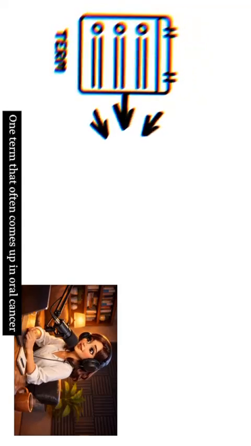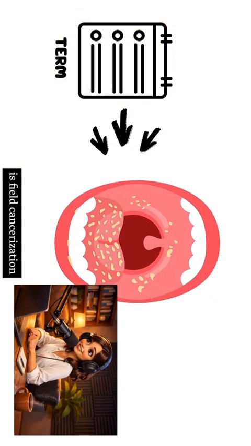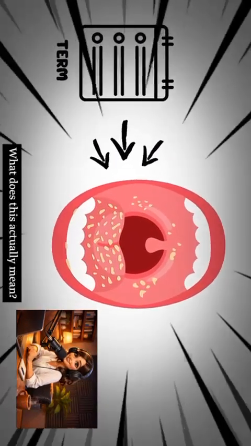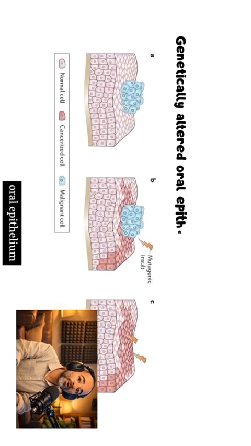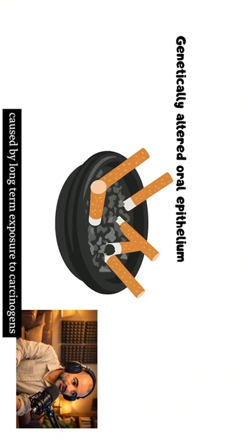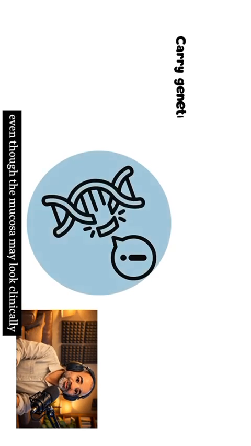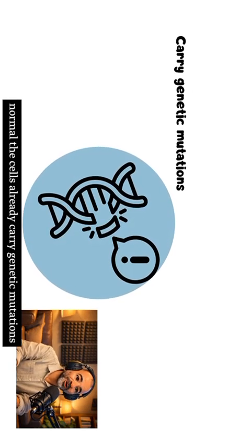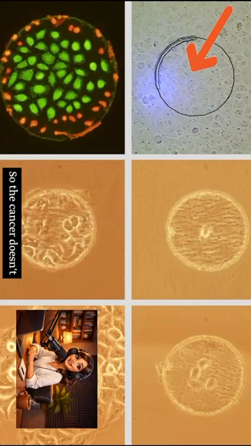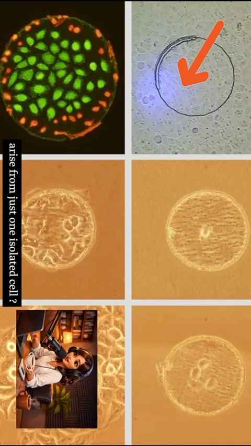One term that often comes up in oral cancer is field cancerization. What does this actually mean? Field cancerization refers to the presence of a wide area of genetically altered oral epithelium caused by long-term exposure to carcinogens like tobacco or alcohol. Even though the mucosa may look clinically normal, the cells already carry genetic mutations. So the cancer doesn't arise from just one isolated cell?